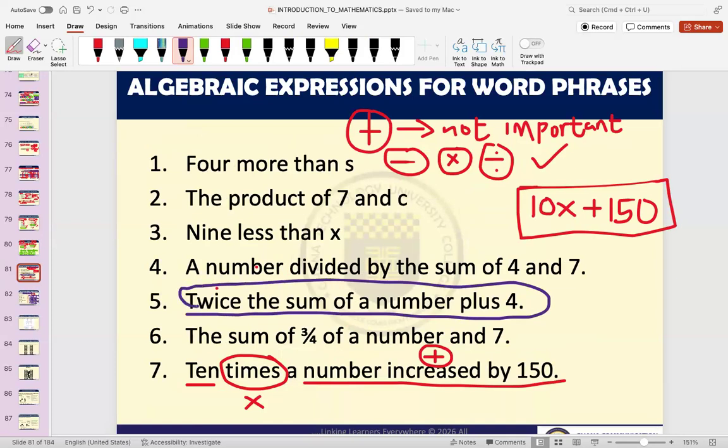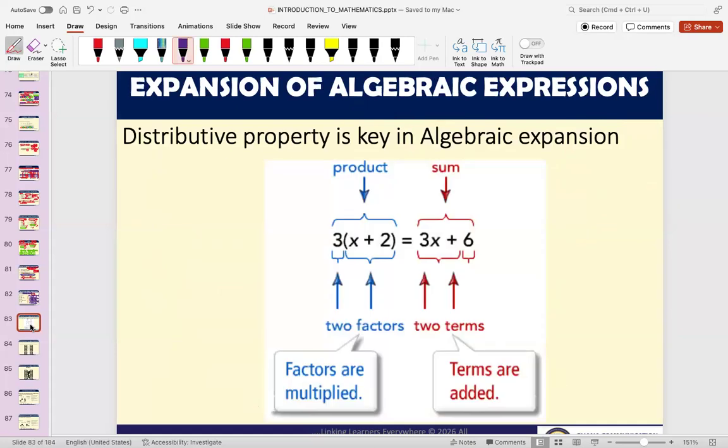Sometimes when you have issues like this, you may have expansions, and so we have to learn how to. It is a product. But to be able to get your answers, you have to release the product into a sum so that all the terms will stand.